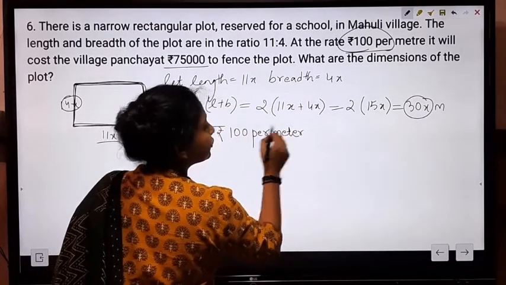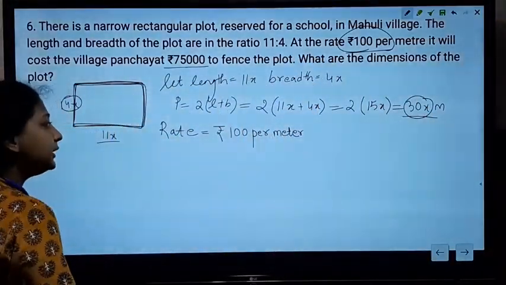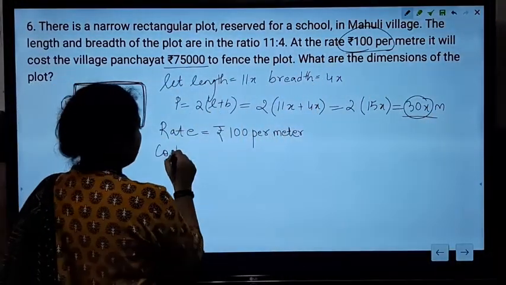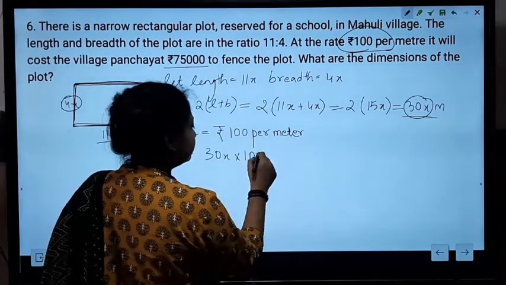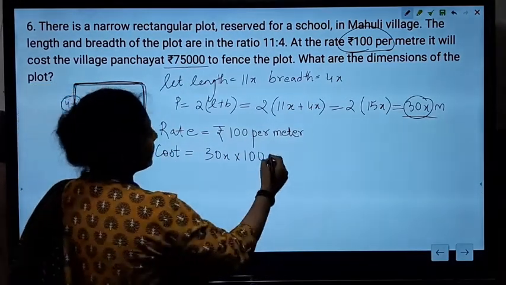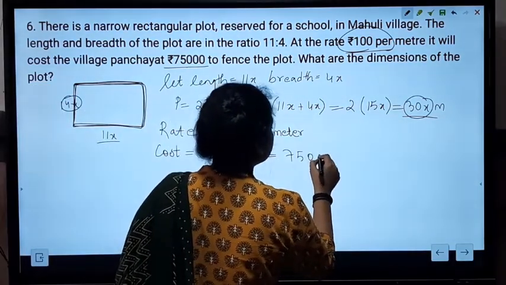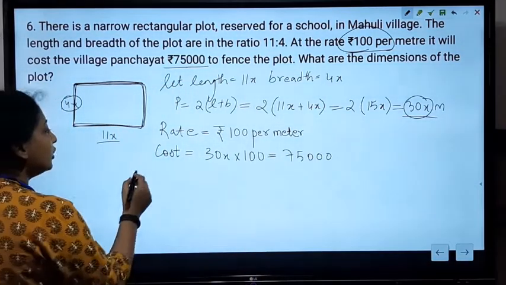And how many meters do we need to fence? We need to fence 30x meters. This implies cost should be 30x into 100. And this value is given to us as 75,000. So when we equate this, we can find the value of x.